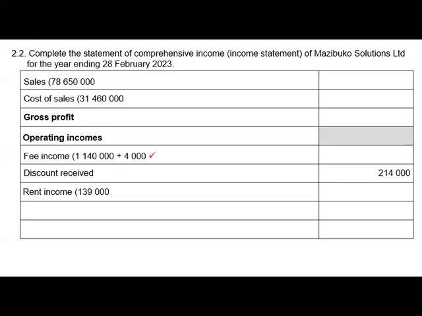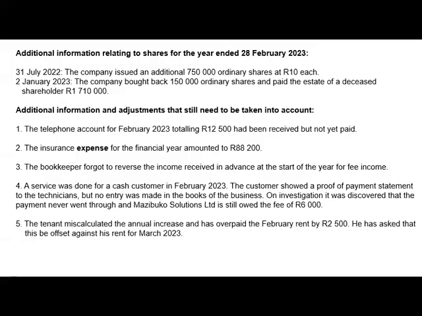What does the first adjustment say? Since I'm done with the pre-adjustment trial balance, what is the first adjustment saying? Oh, the first adjustment talks about shares. We didn't start with shares.